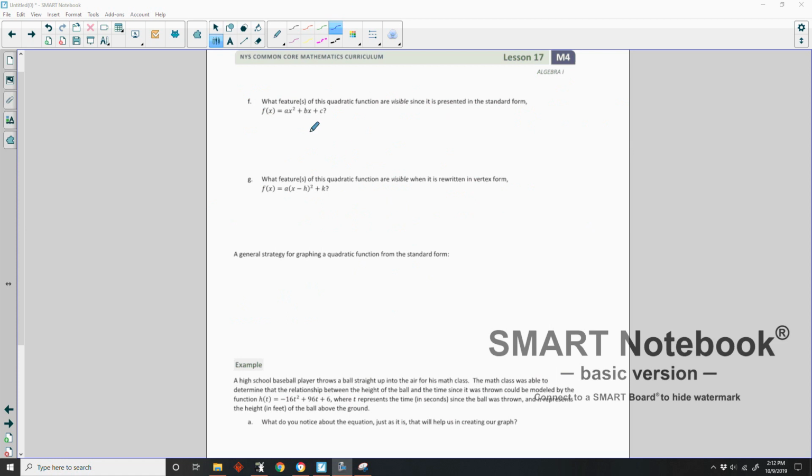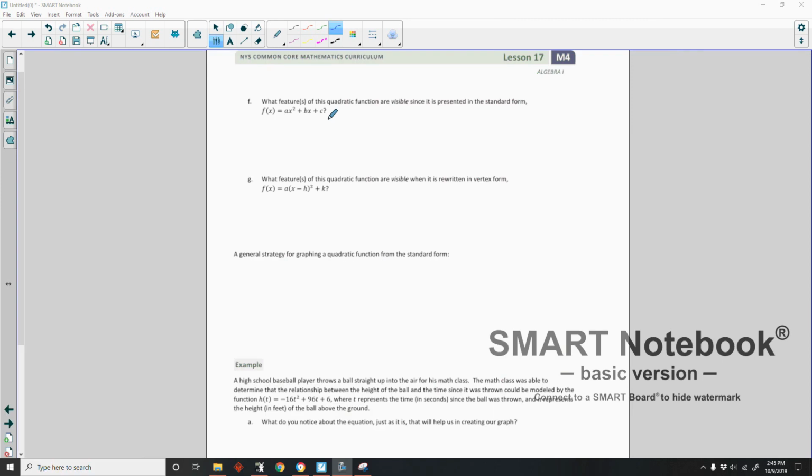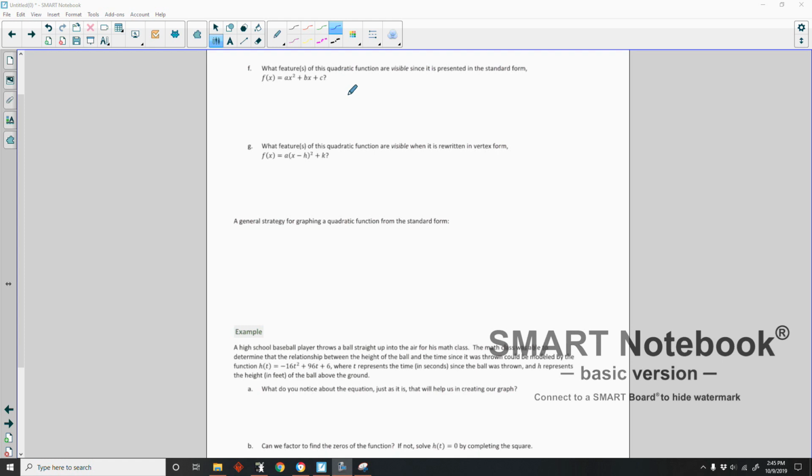Okay, page 2. Part F. What feature or features of the quadratic function are visible since it is presented in the standard form f of x equals ax squared plus bx plus c? Okay, well, if a is positive, then we know it opens up.